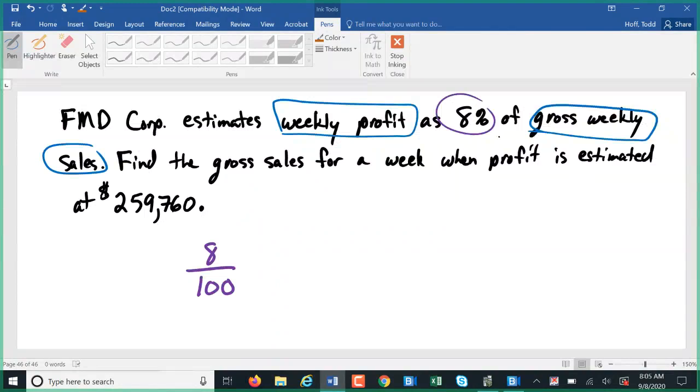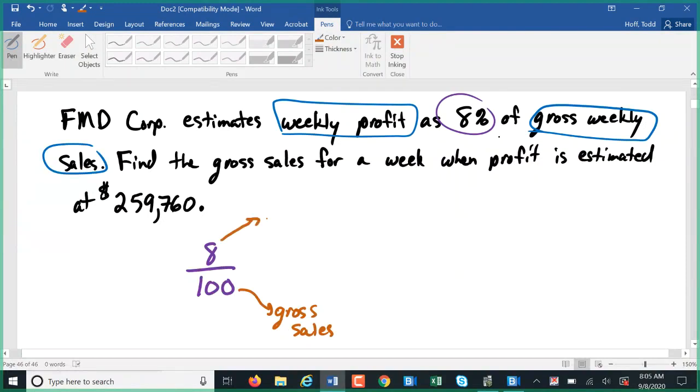Only a piece of that sales goes to actual profit. So the profit is a portion of the sales. The sales is the base amount. And the wording in the problem supports that. Weekly profit is 8% of gross sales, or 8% out of gross weekly sales. So the whole amount here, the base amount here, what was represented by the 100, is the gross sales.